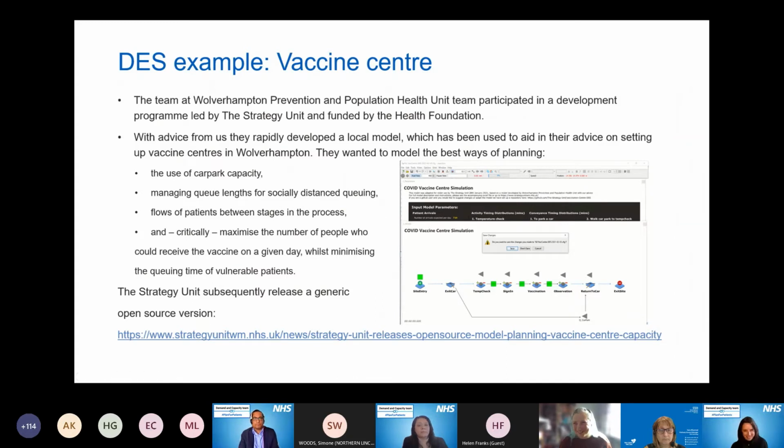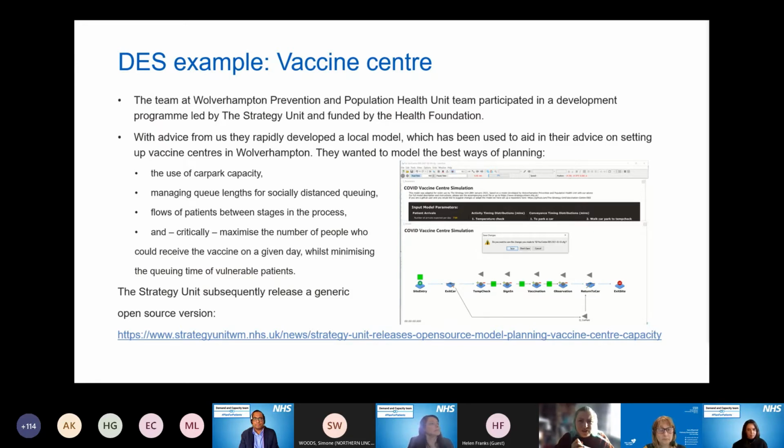That's it. That's fine. So I've just put some small examples in rather than bigger ones, just because they're easier to talk through. So this is an example of a vaccine centre model that we did in some open source software. The original model was produced to support Wolverhampton when they were developing their vaccine centres and planning them with the GPs that were running them.